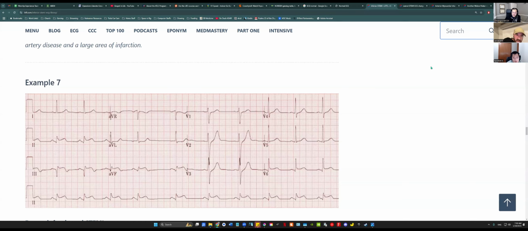And then 1 and aVL look normal to me. aVR, maybe some type of reciprocal change, but I don't have the know-how to articulate that. I can't tell where the reciprocal changes are. Maybe aVR. I'm going to say inferior.